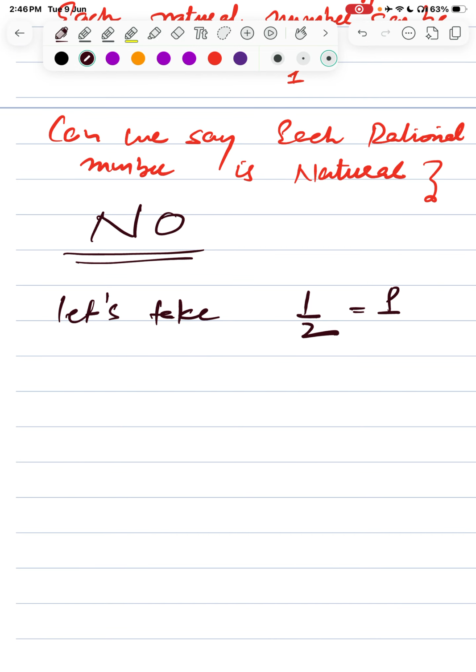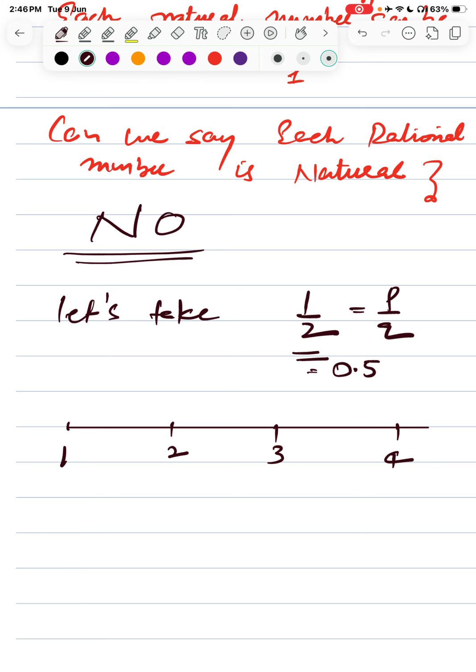It is in the form p/q. But this number will never come in the set of natural numbers. Why? Because natural numbers start from 1, 2, 3, 4, and this is nothing but 0.5. So it will come somewhere in between. It does not belong to this set, but it is a rational number.